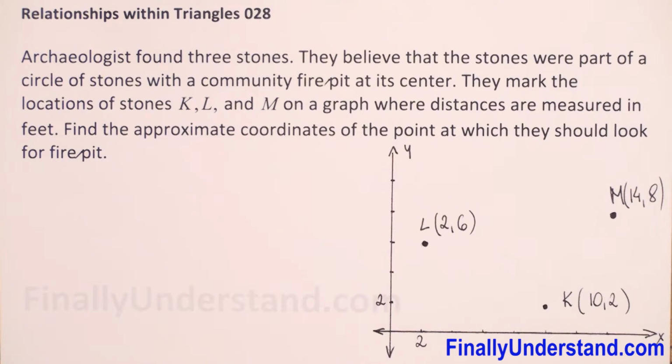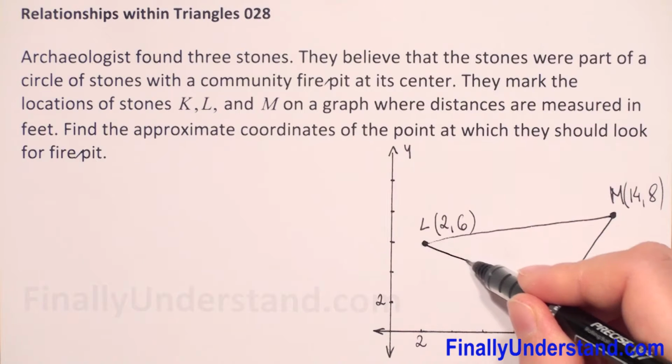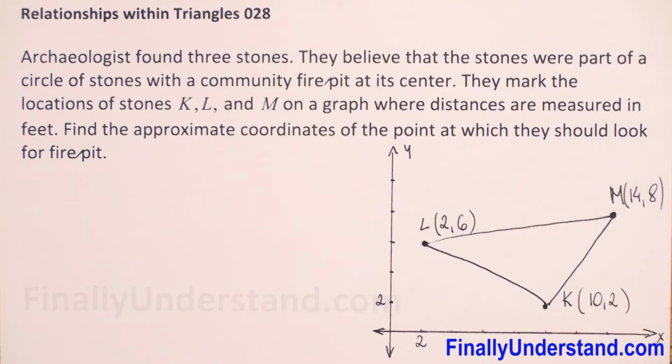So we need to find the point which is equidistant from the vertices. So first, if we connect these 3 points, we will have a triangle. And we need to find the point which is equidistant from the vertices of this triangle.